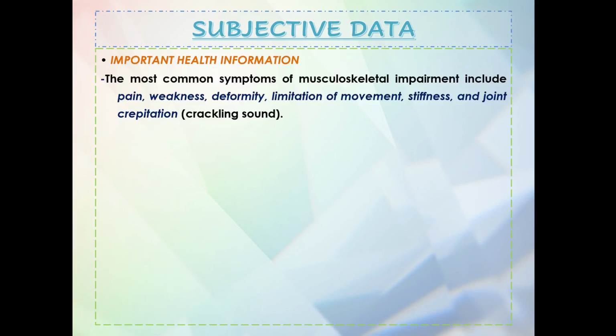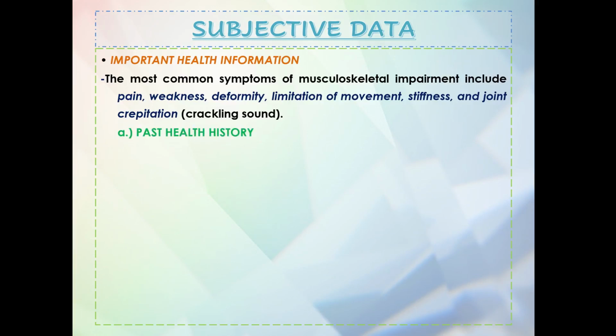So, you have to take note of this kasi commonly, kapag nagpunta sila, patient in the clinic or in the hospital or in any setting, ito yung kanilang common na chief complaint. Okay? Ito yung common na symptoms na nararamdaman nila. Now, again, in getting the subjective data, we have different aspects or different questions na tinatanong sa pasyente relating to his or her problem or condition.